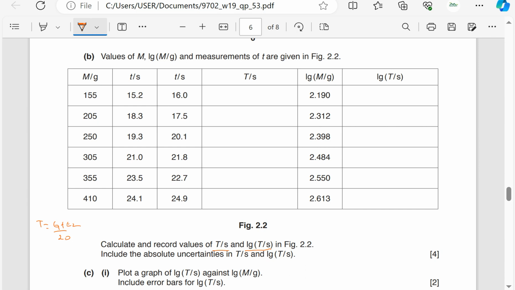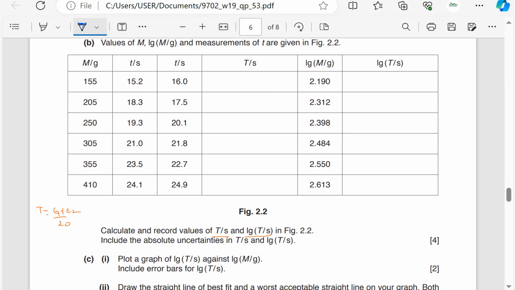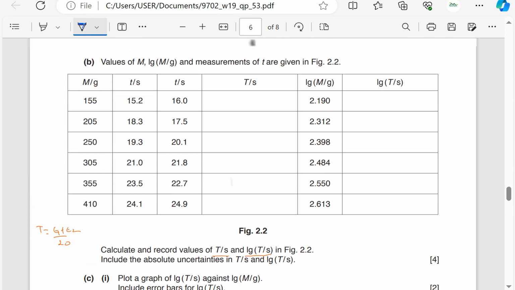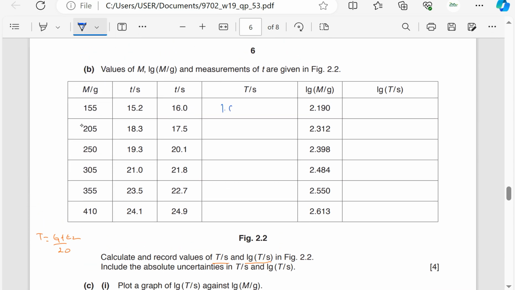Okay, so let's first find T. So we are finding T. I'll just check with my calculator. For the first one, 15.2 plus 16.0 divided by 20. So that is 1.56. You must maintain the same number of significant figures here. So this will be 1.56.